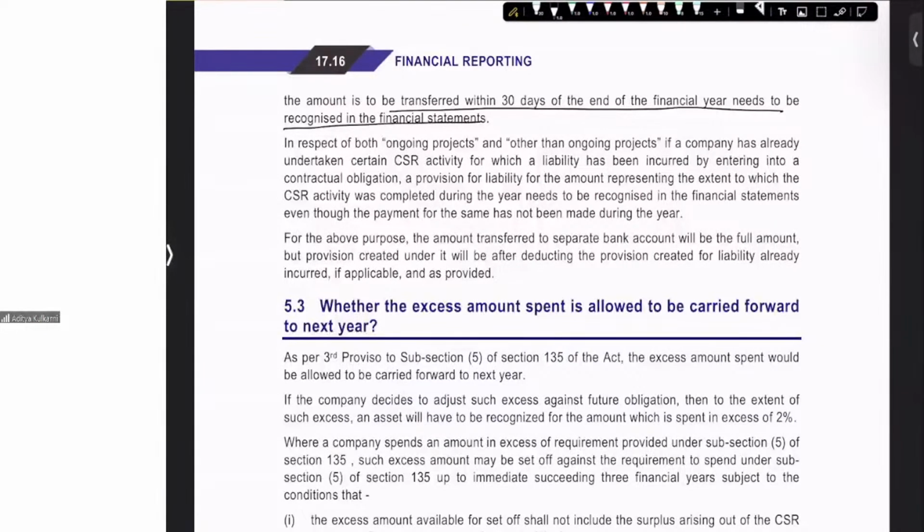So in our question, remember, 200 crore was the CSR spend required to be done. 70 was for the project, 130 undecided. You will still make a provision for the entire 200 crore in your financial statements, because 130 crore has to be paid within 6 months, and out of the balance 70, 30 you have paid, 40 you have to pay to the unspent CSR account within a period of 30 days from the end of the financial year.